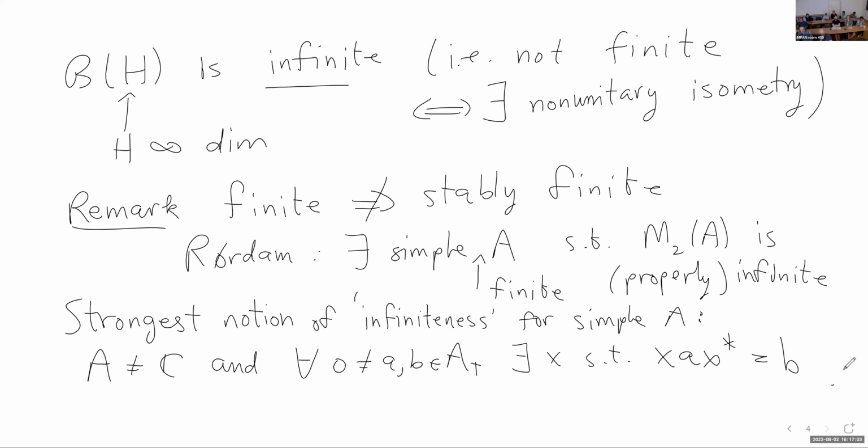Okay, so here's the theorem that I will state that will give us lots of examples of stably finite algebras, which is that for a simple C-star algebra, being stably finite is equivalent to having a trace. These two are equivalent.